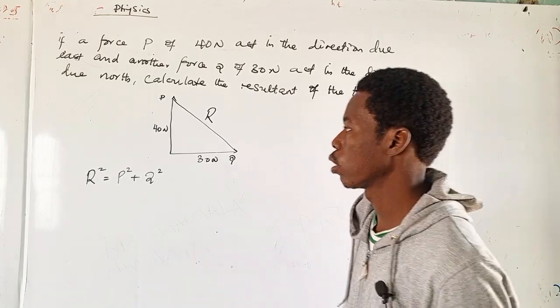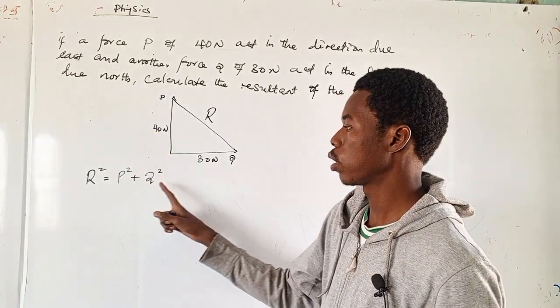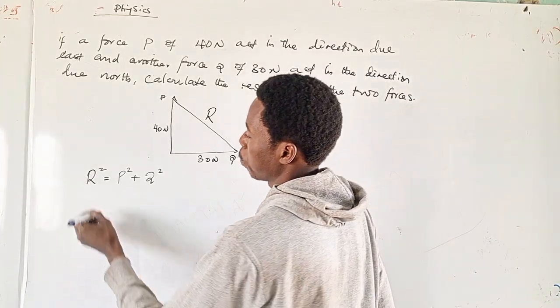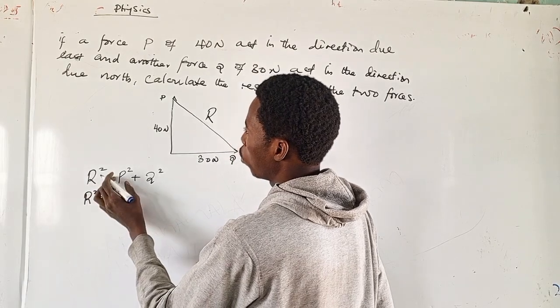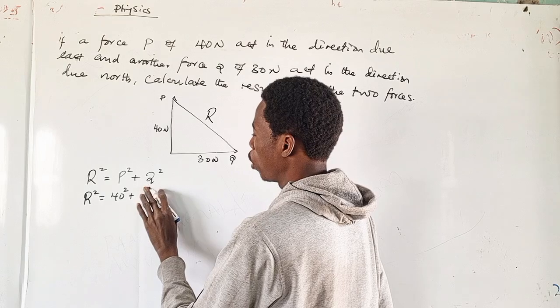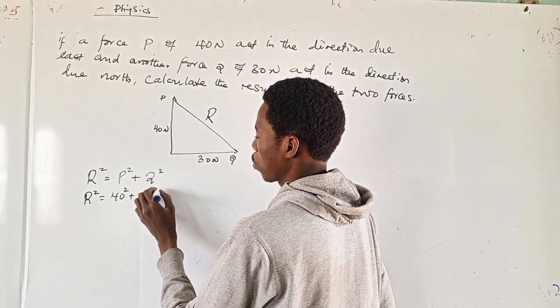So let's substitute. Since we know P is 40 Newton, we know Q is 30 Newton. So R squared equals the value of P, 40 squared, plus the value of Q, 30 squared.